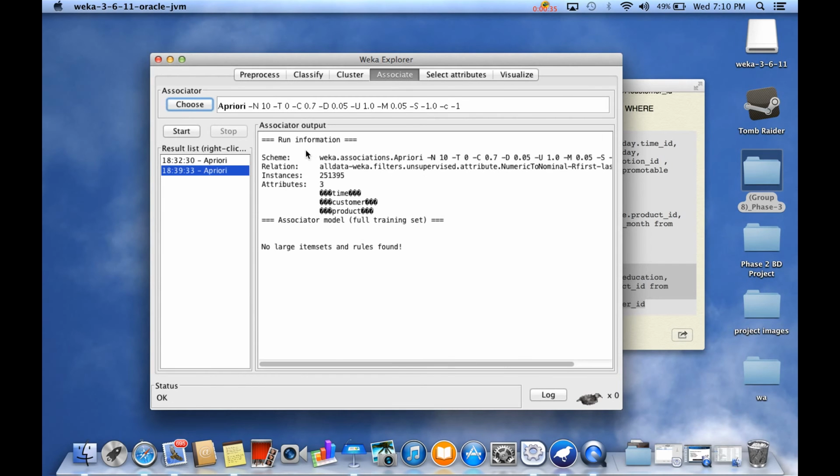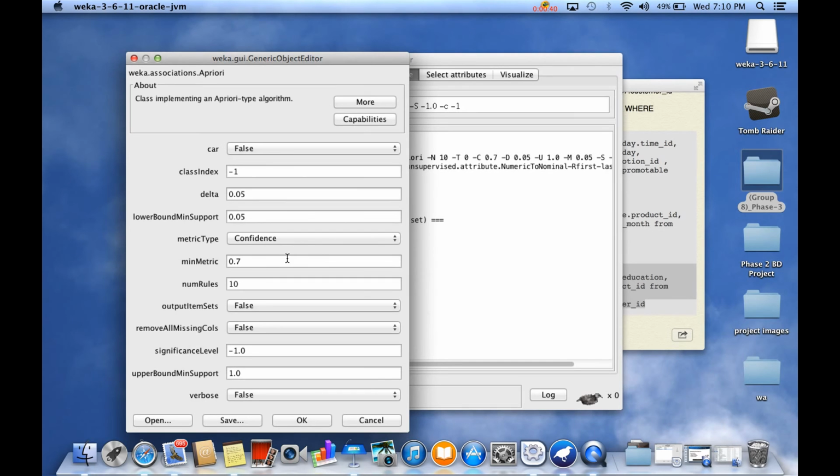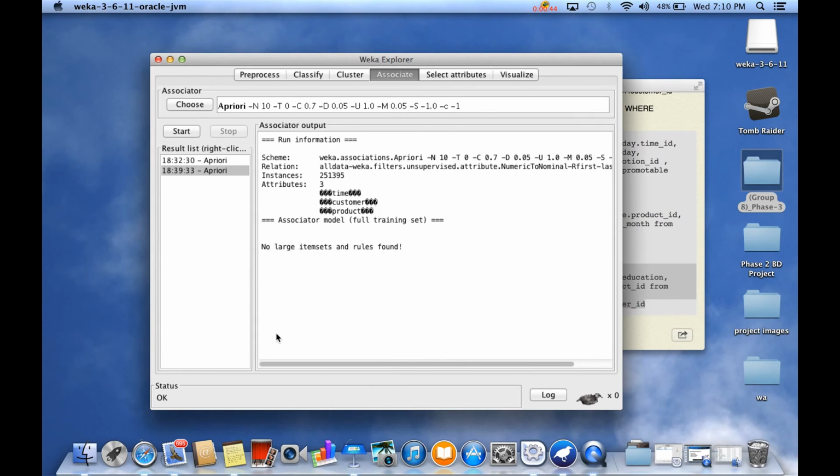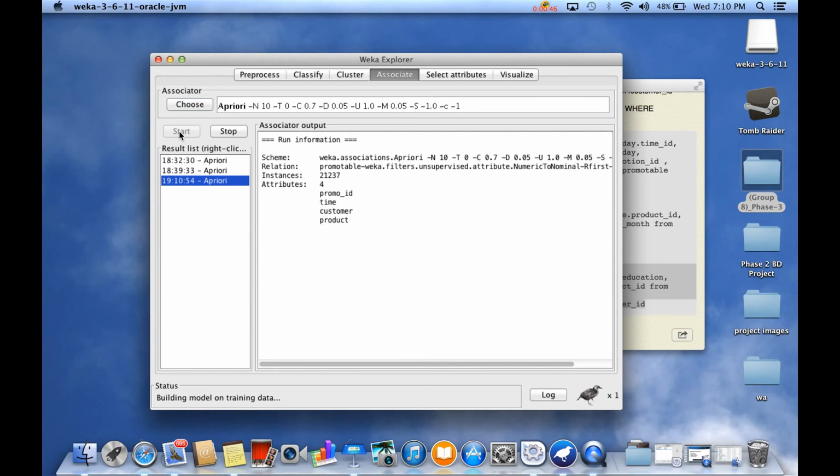The next step, we go to associate, and we use the Apriori algorithm, in which we have chosen the minimum confidence to be 0.7, and these are the four attributes on which Apriori will try to find the relationship.